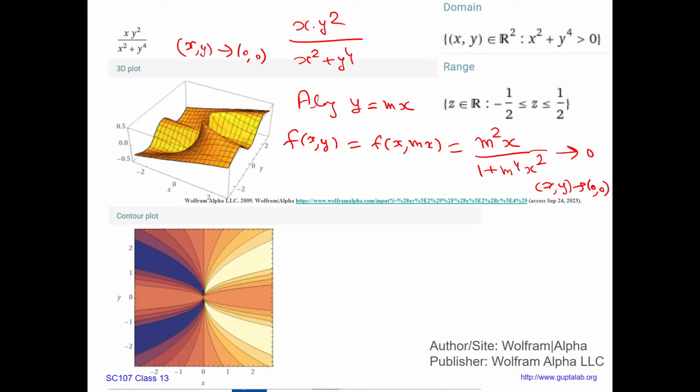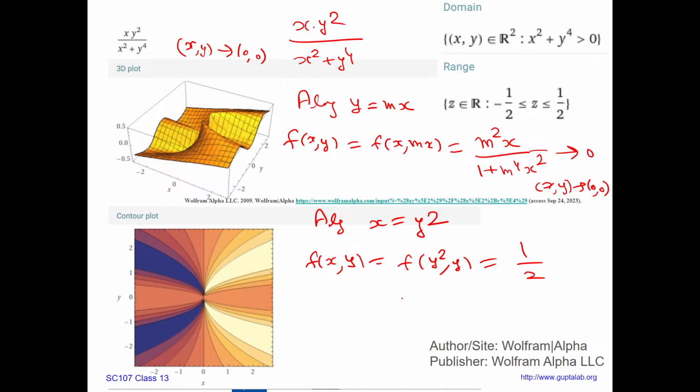Okay. So if you take the parabola along x is equal to y square, then we have f of x comma y is equal to f of y square comma y, and this turns out to be half.